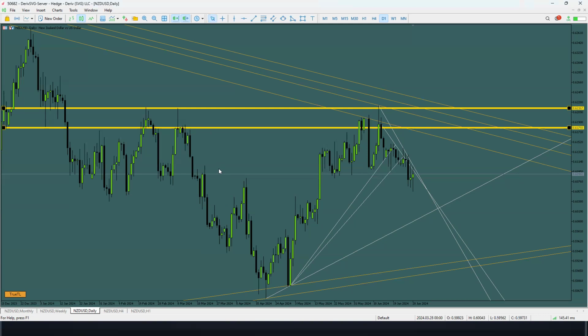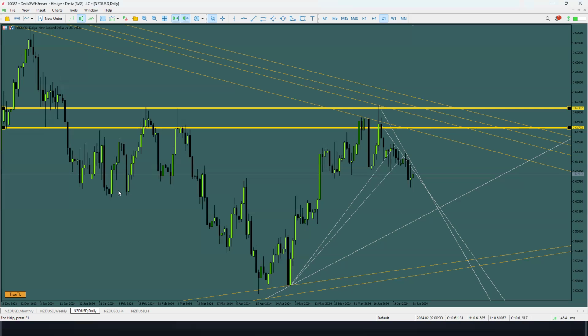Now, the distance between the body and the wick is the resistance zone that we call the supply zone. So for every candlestick you see here, where the market has created a bearish candle immediately followed by a bullish candle, it's different from when I have bullish followed by bearish.